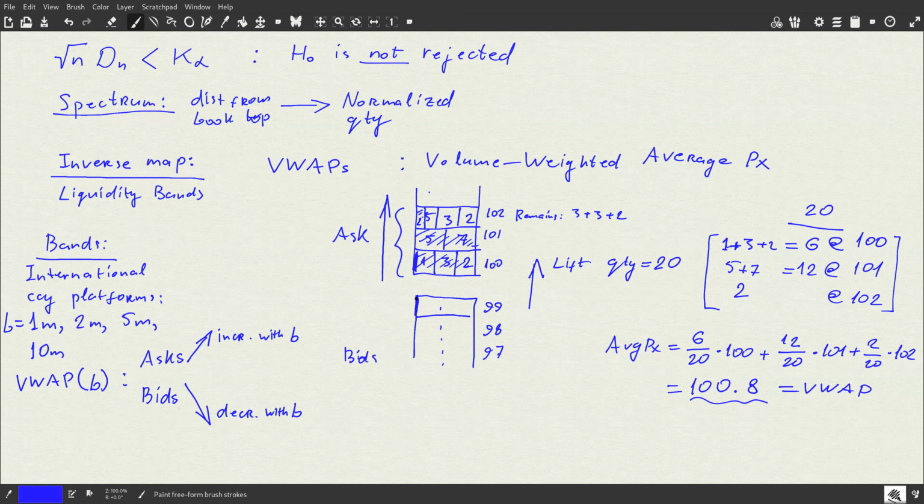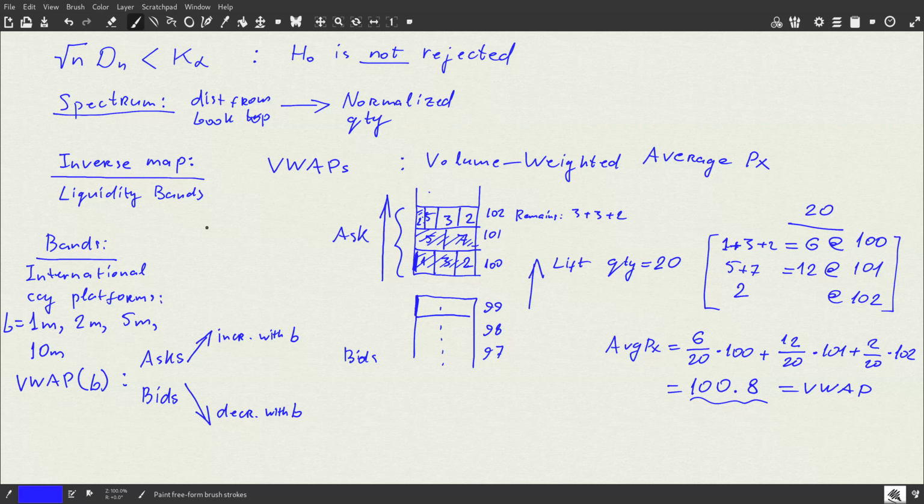Because obviously if you have 1 million at the best ask, best bid at any time, then the average trade size is also of the order of 1 million. But if you have only 10K at the best bid, best ask, then the average trade size is also going to be about 100K or less.